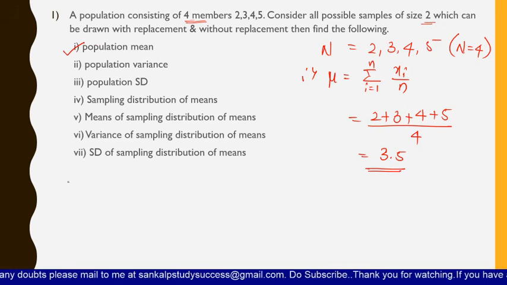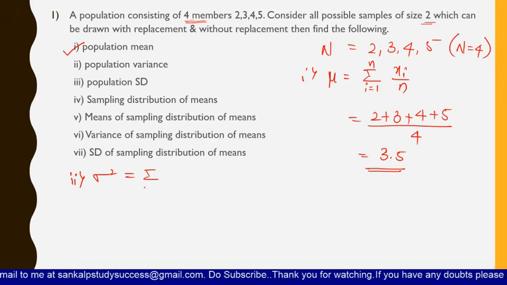So we are done with the first one. Now we are going to solve population variance. Population variance is denoted by sigma square, right? What is the formula of population variance?